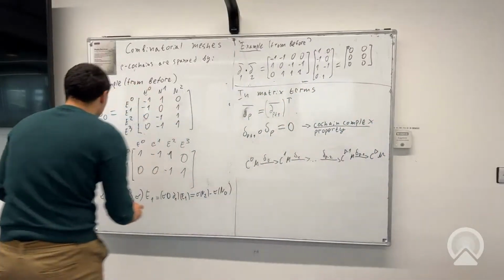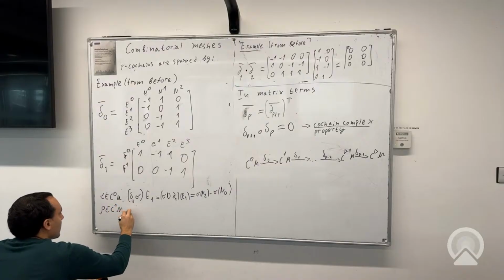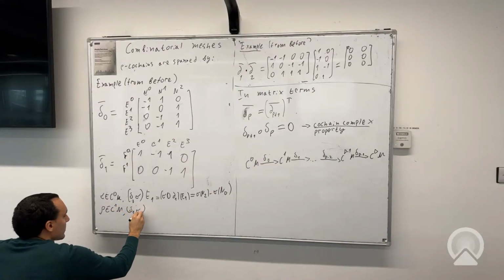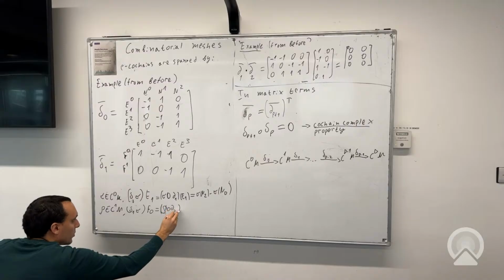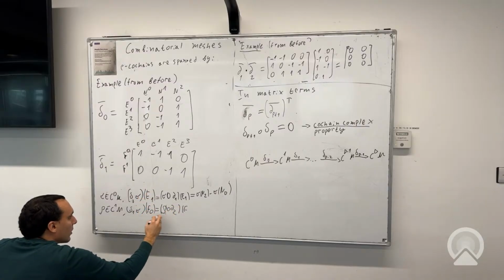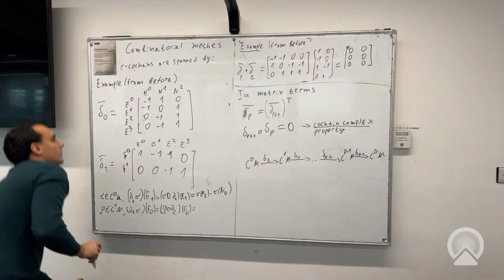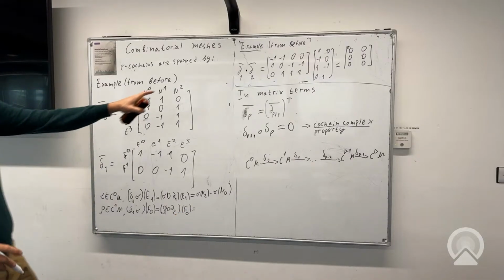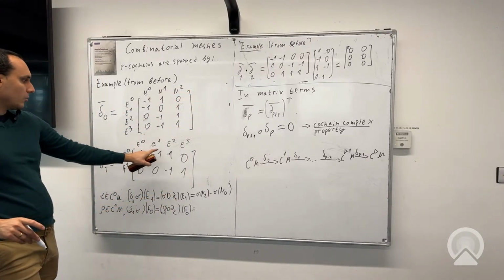And if rho is a one-form, delta 1 sigma of, let's say, F0 is rho composed with delta partial 2 of F0, which was E0 minus E1 plus E2.